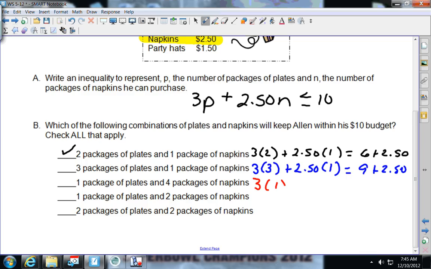3 times 1 package of plates plus $2.50 times 4. Well, that's 3 plus 10, which is 13. That doesn't work. Next one, 3 times 1 plus $2.50 times 2. Well, that's 3 plus 5, which is 8.